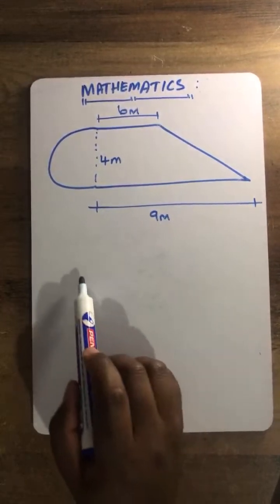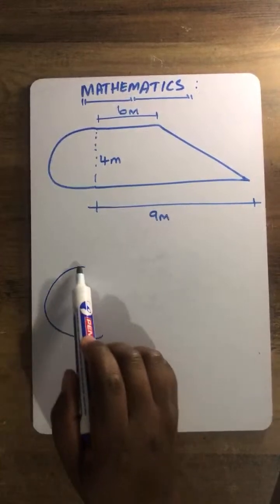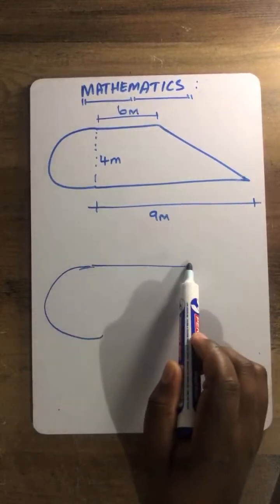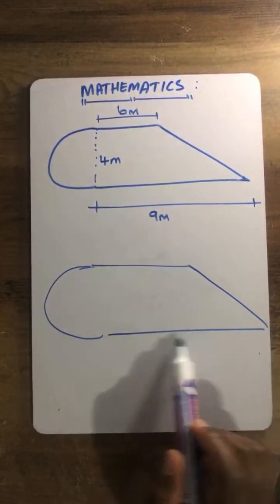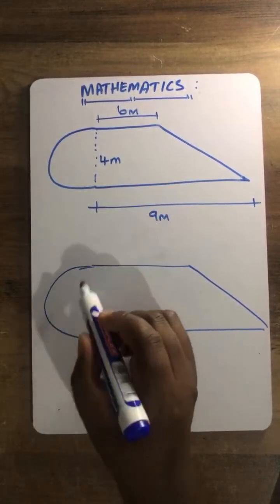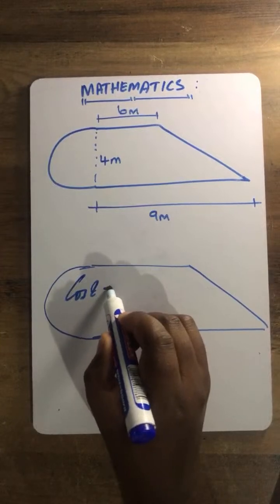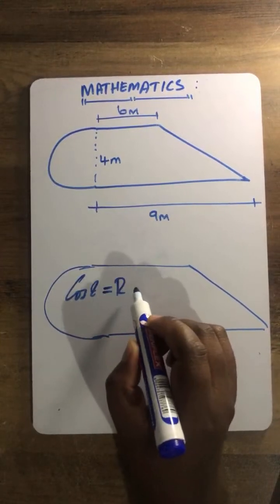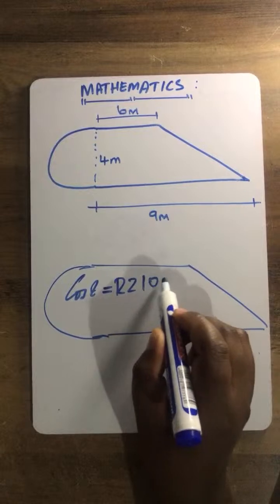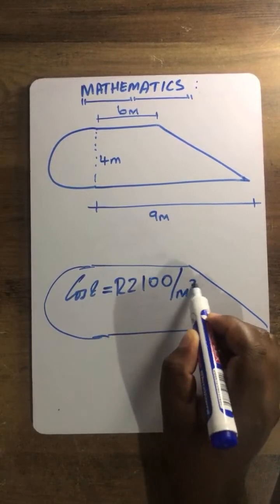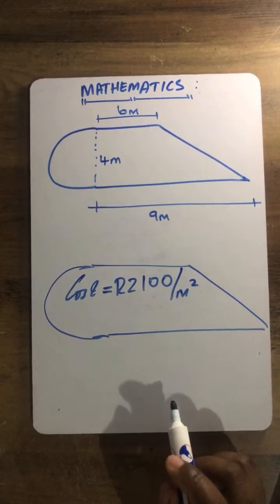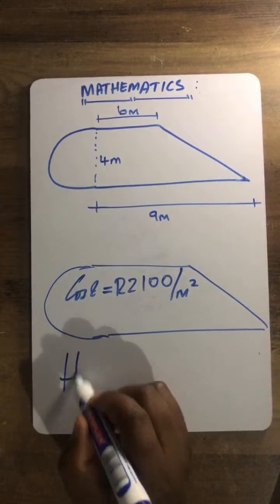A school wants to build you a swimming pool of this shape, and they're saying the cost is equal to 2,100 per square meter. Now the question is, how much?